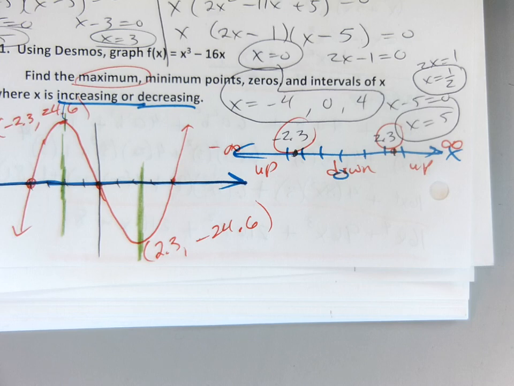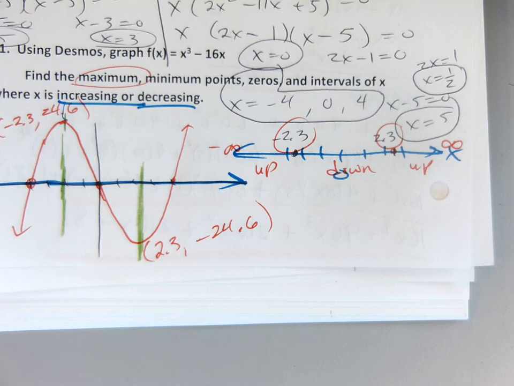You agree? So we're going to just use words. In pre-calc we'll use symbols. We're just going to use words. So we're going to say from negative infinity to negative 2.3, increasing, and from 2.3 to infinity is increasing. So we're just going to use words, but words that describe what's going on, right?